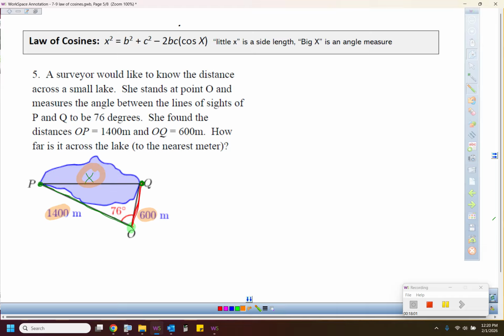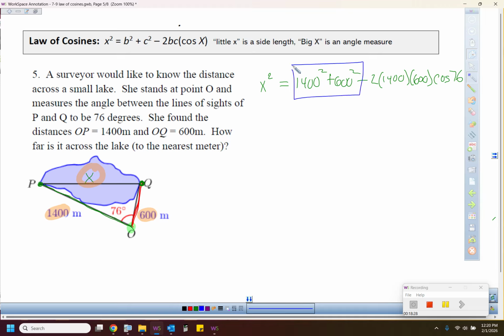Is he a little x or a big X? He is a side length, so he is little x. And then the 1,400 and the 600 are B and C. And this is going to get big numbers here due to the fact that we got to square those times the cosine of 76. Check my setup out and see if that makes sense to you.